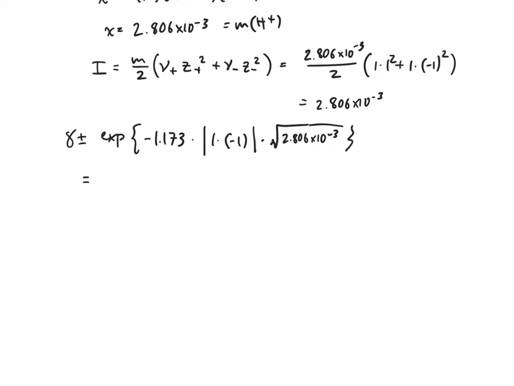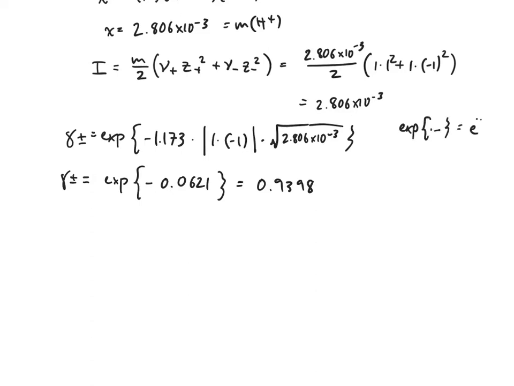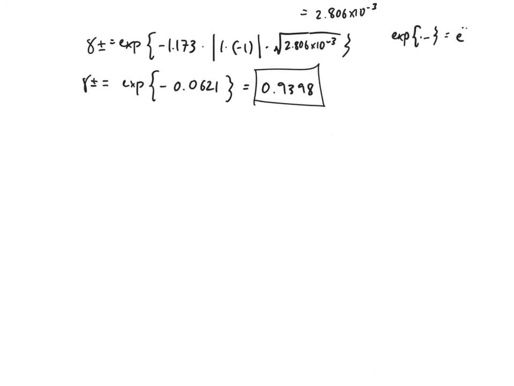Plugging this into your calculator, your gamma plus minus is going to be equal to the exponent negative 0.0621, which is just 0.9398. Don't forget that exponent of something is just e to the power of that something. This is going to be our estimate of that gamma plus minus for our next step.